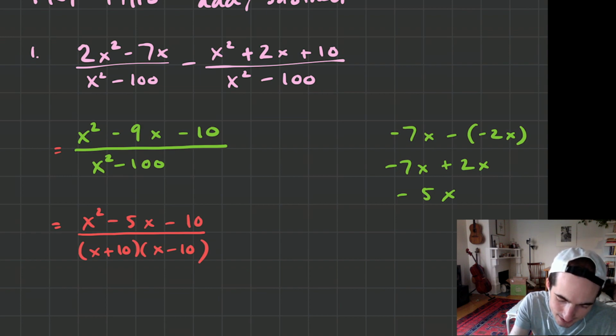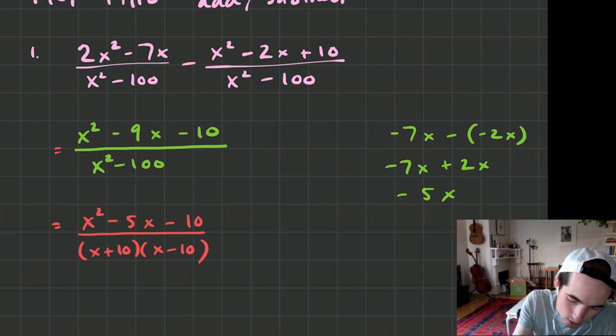So my guess is that the person who made this question initially wanted this to be negative, because they did have a minus sign here. But I think when they made this question, they forgot that there's a minus sign right here. So my guess is that they intended to have this as positive, which would give us a negative 9x here, in which case now we can start to factor this.